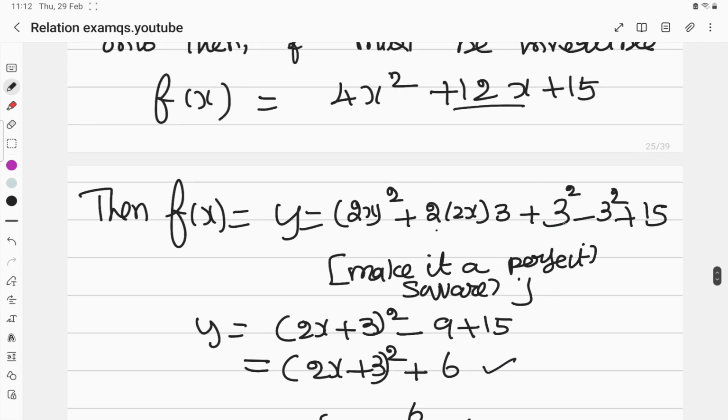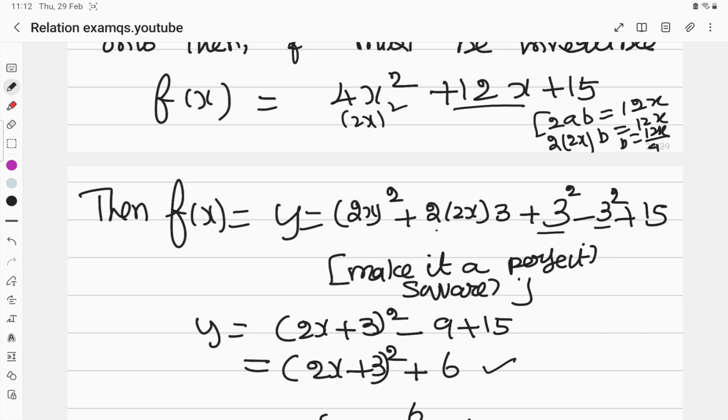Here we have to add and subtract 3 square, that is 9. Here the 2ab term gives 12x, 2 into a, where a is 2x, and we have to find b. Therefore, b is equal to 12x by 4x, that is 3. So b is equal to 3. Now b square is 3 square, so we add 9 and subtract 9 plus 15.